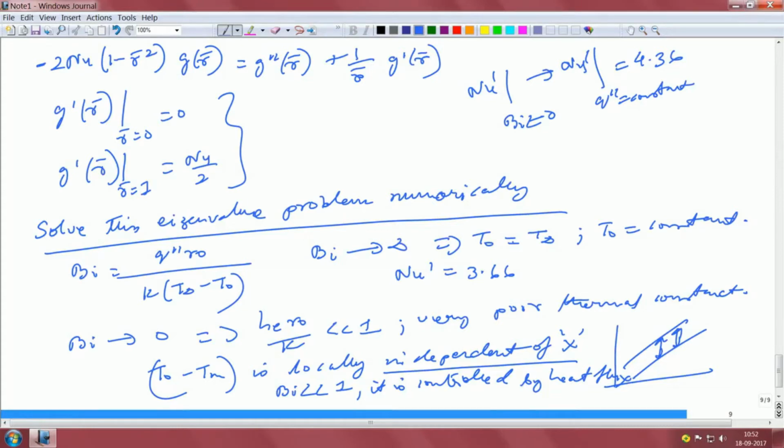Understood? So, we can see that these are the two limiting conditions, and in between you will have any value. These are the two bounds. 4.36 is one bound and 3.66 is the other bound, 0 and a very high number. So, in between all other Nusselt number values will be packed in between.